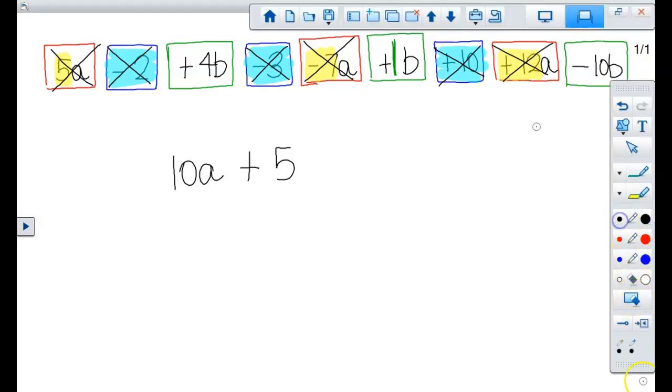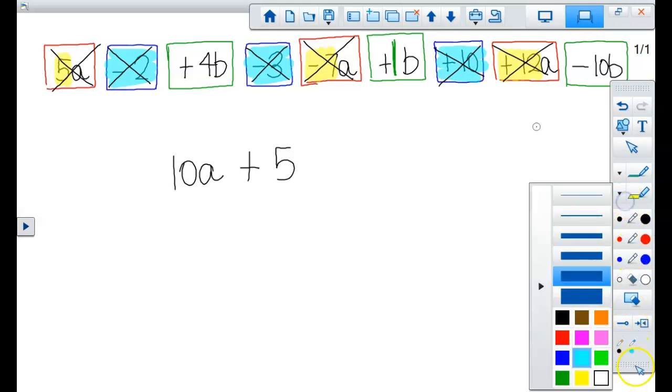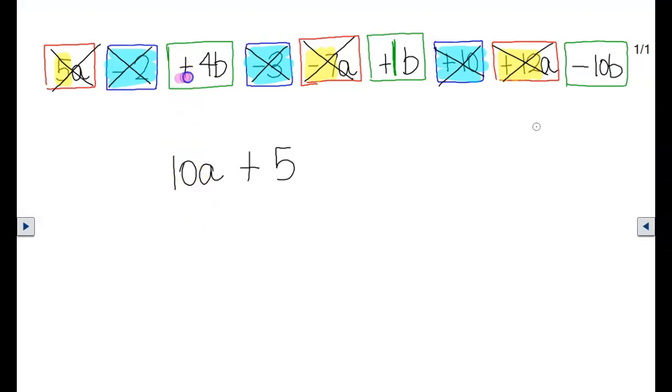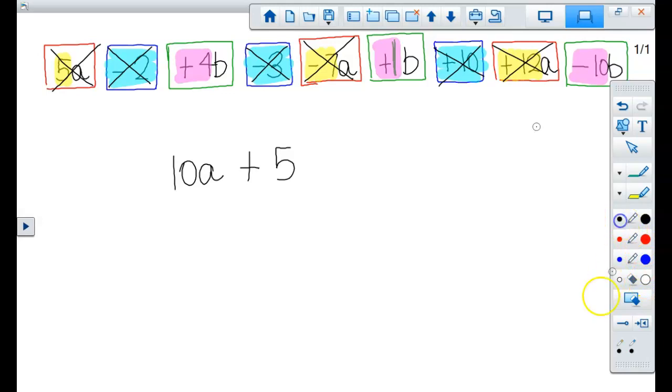So again, notice three terms in the green boxes, and I can combine those. I can make one term out of those. And to do that, what I'm going to do is go through and work with these coefficients, with these numbers. So I'm going to do a positive 4 plus 1 minus 10. A positive 4 plus 1 minus 10 is how I'm going to combine those three.